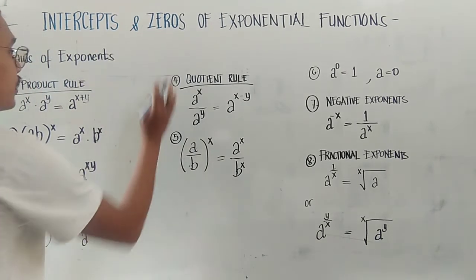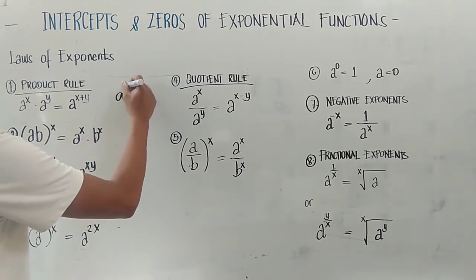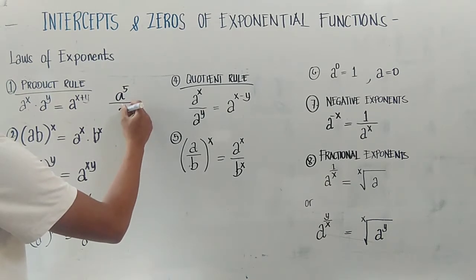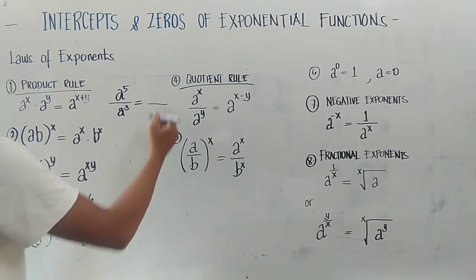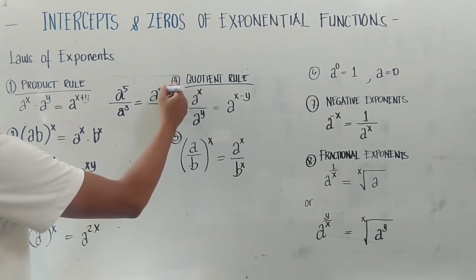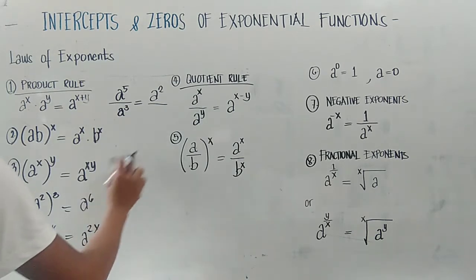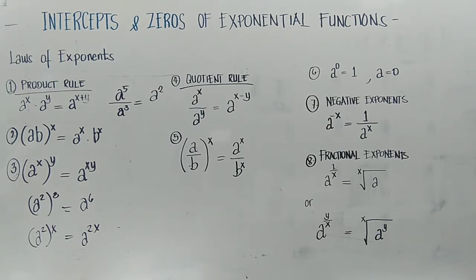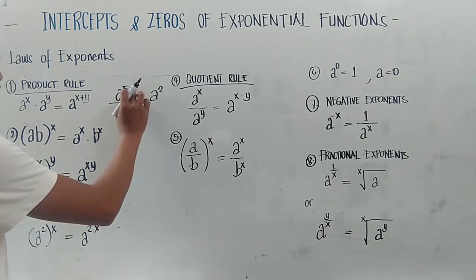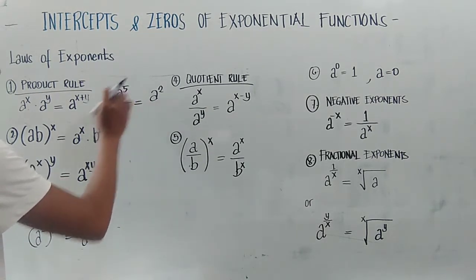For example, we have a raised to 5 divided by a raised to 3, and that will give us a squared. The denominator will be disregarded because the greater value is on the numerator.